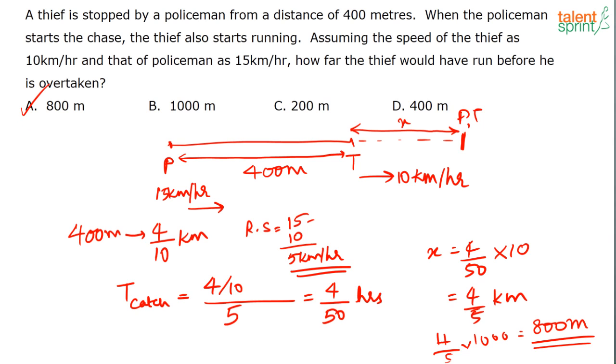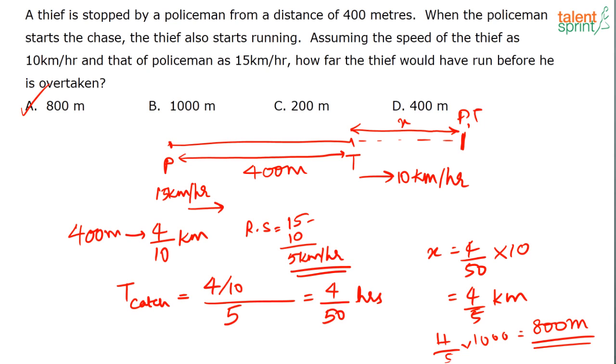Any doubts in this question, in the way we did? Kovendan Sinduri, just keep in mind that when two objects are traveling in the same direction, you have to subtract their speeds, right? Similarly, when two objects are traveling in the opposite direction, add their speeds. Now, why am I saying this?